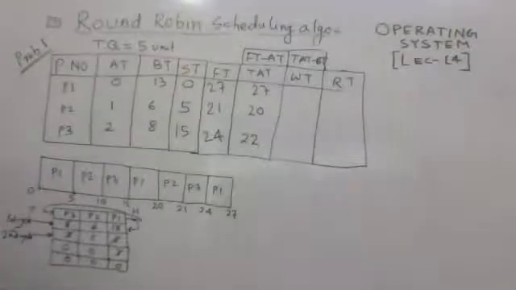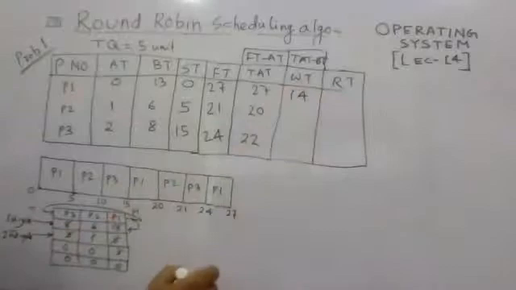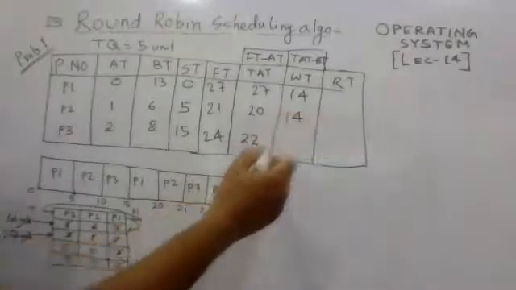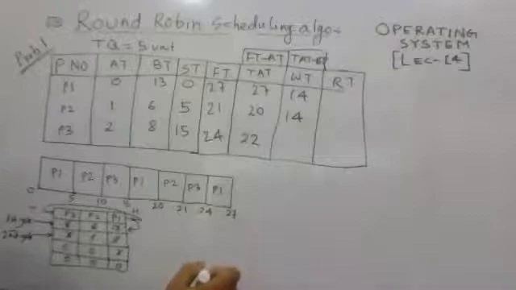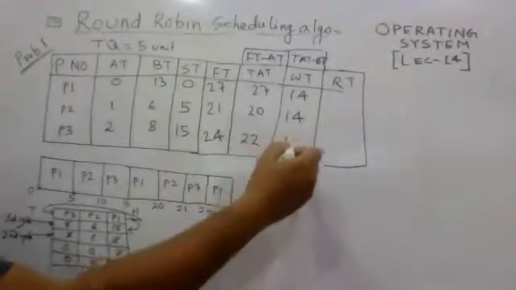So in this case, turnaround time 27, burst time 13, so it is 14. For P2, 20 minus 6, that is also 14. In case of P3, 22 minus 8, this is also 14.